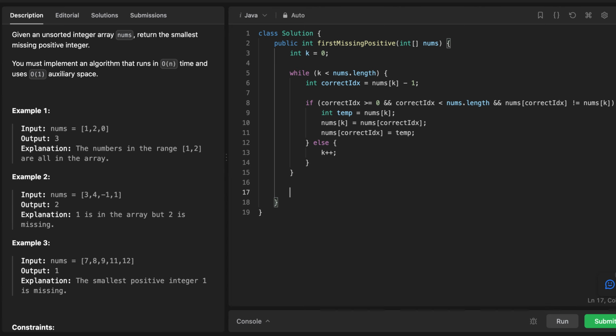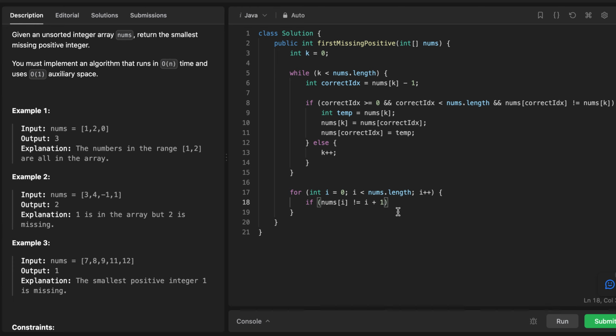What we are going to do is loop again over this nums, which has been modified and sorted. Since the indexes in here are values, if we sorted this given nums, the value at index i is supposed to be equal to i plus 1.